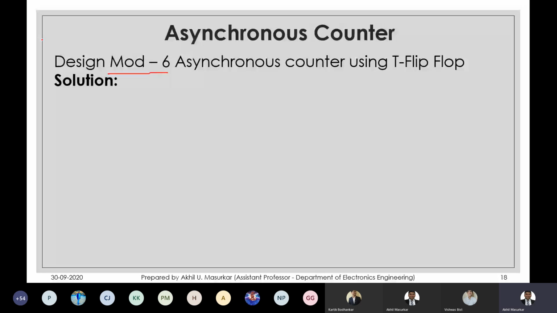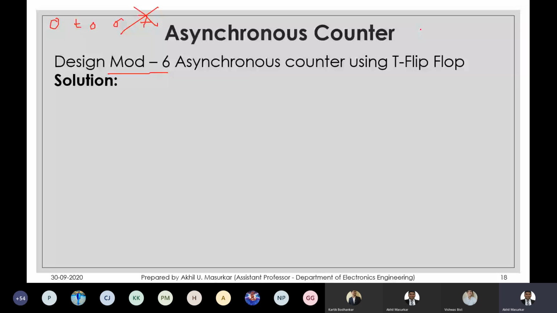Seven steps. Sorry? 0 to 6, 7 steps. 0 to 6, 7 states. The answer is wrong. That is exactly why I asked you.